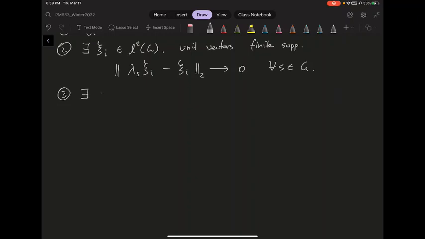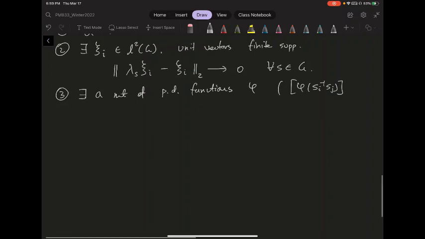So there exists a net of positive definite functions phi. Here positive definite means phi of s_i inverse s_j: if you pick any finite collection of i and j, and you consider the n by n matrix, that's a positive matrix. So there exists a net of these phi alpha, positive definite functions, satisfying a few things.